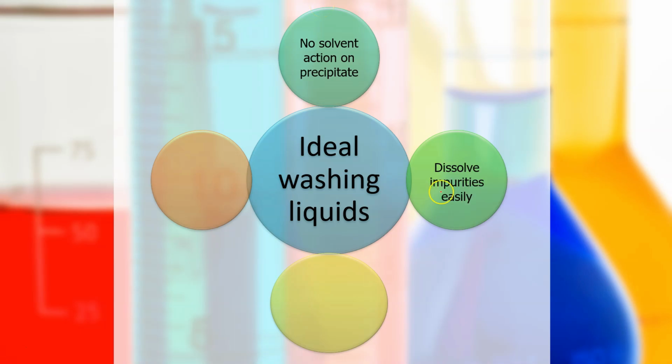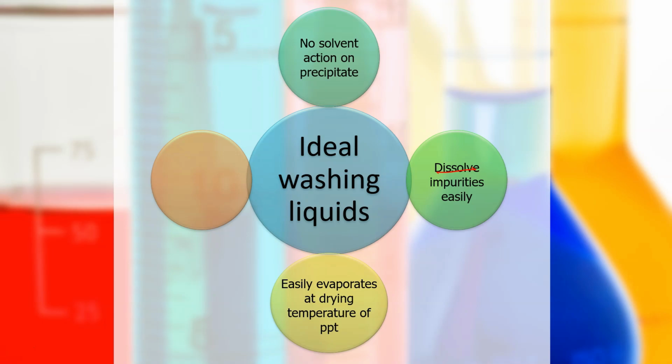The second one, the ideal washing liquid should dissolve impurities easily, which means instead of reacting with the precipitate, the washing agent should react with the impurities to make sure fewer impurities are carried out together with the product. The third one, ideal washing liquids should easily evaporate at the drying temperature of the precipitate.